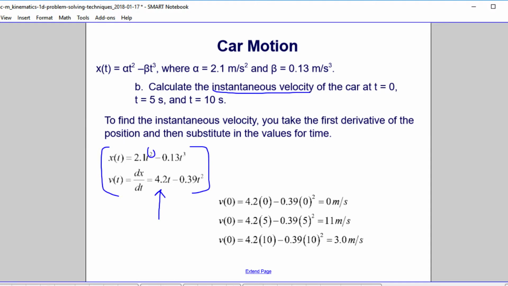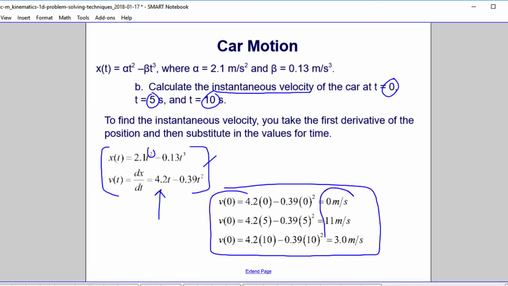And right here, the 3 times 0.13 is 0.39, and take 1 away from the exponent, t squared. Now it's just a question of subbing in t equals 0, t equals 5, and t equals 10. That was down here. And here are our answers for the instantaneous velocities at those different times.